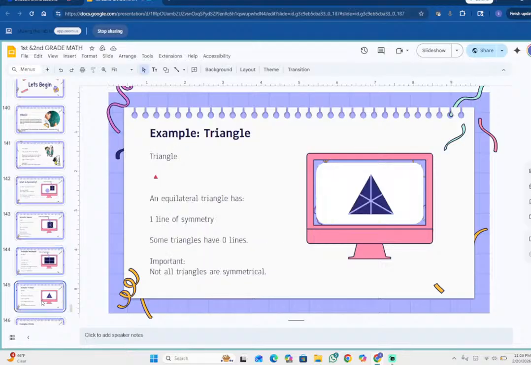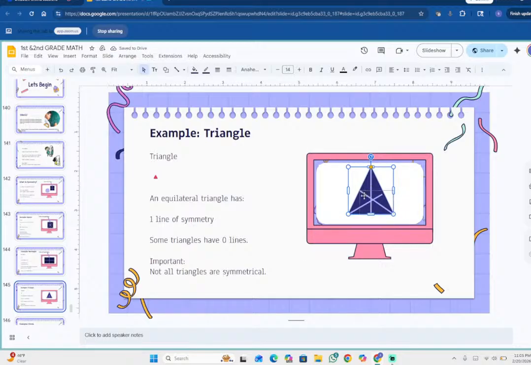The next example is a triangle. An equilateral triangle has 1 line of symmetry. Some triangles have 0 lines. Important, not all triangles are symmetrical. This one in particular is a bit different, but most triangles, if stretched a bit, these lines disappear.